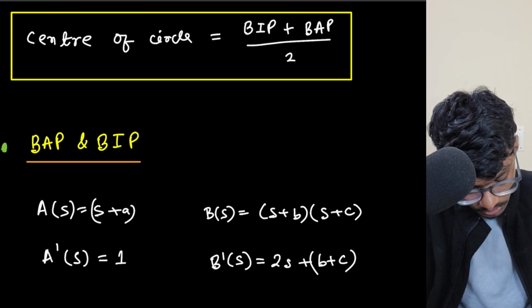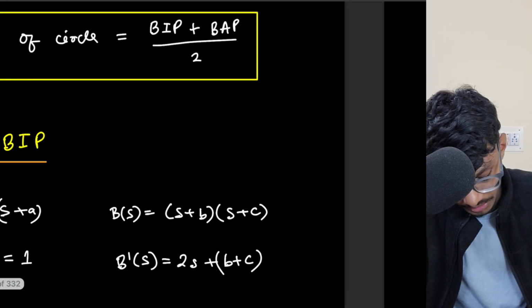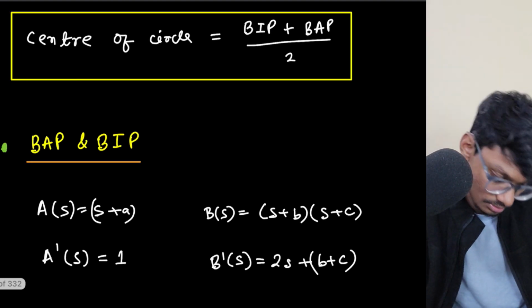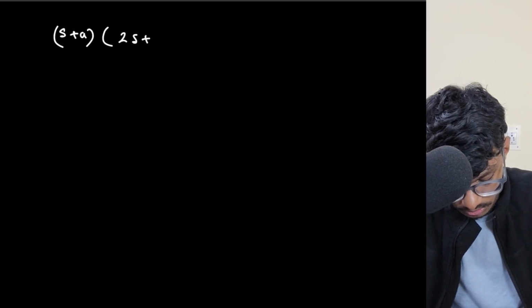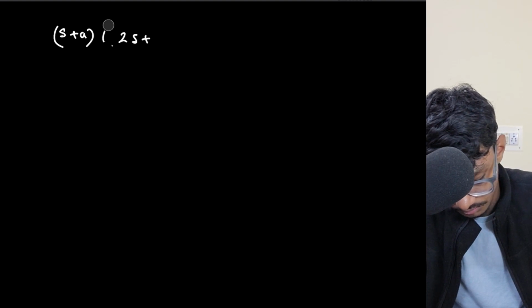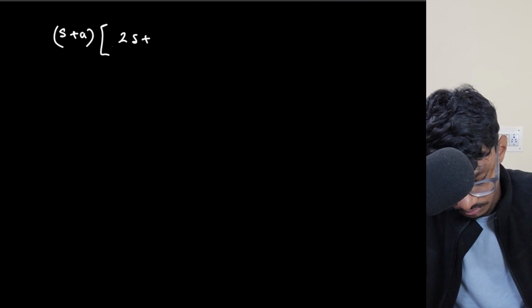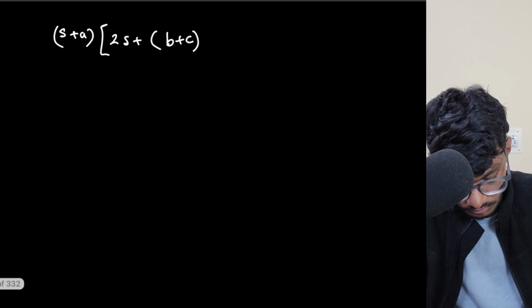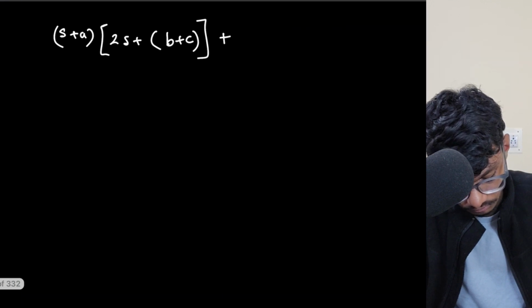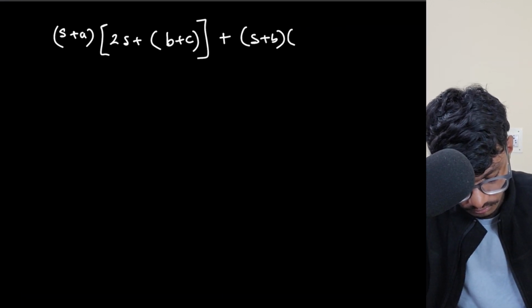We have to equate this one: A(s) into B'(s), that is (s + a) into (2s + b + c), minus A'(s) into B(s), should be equal to 0.